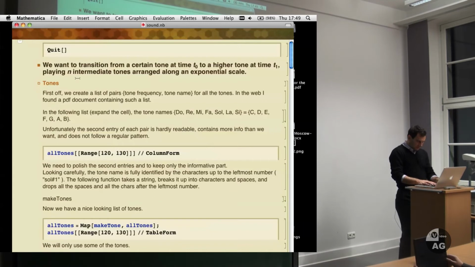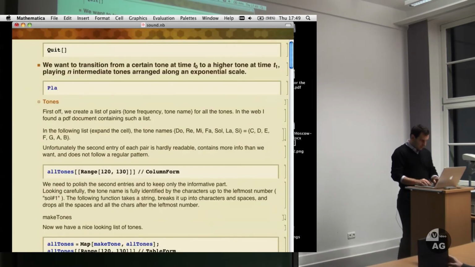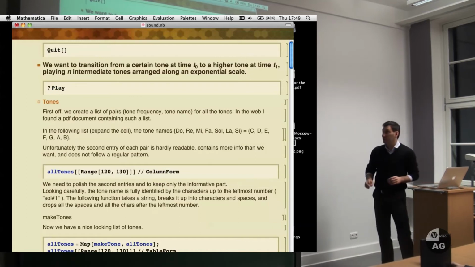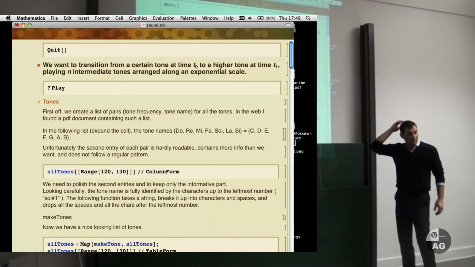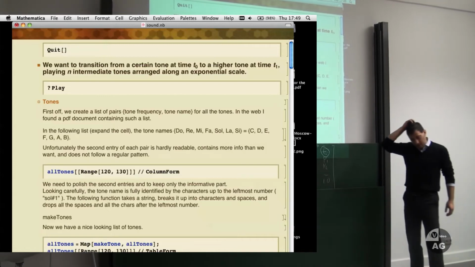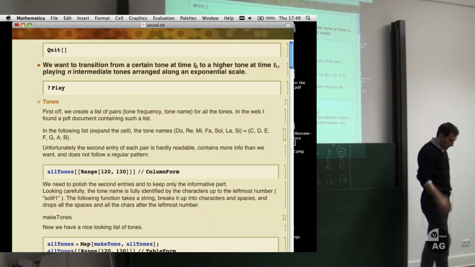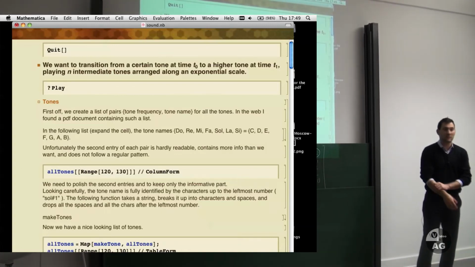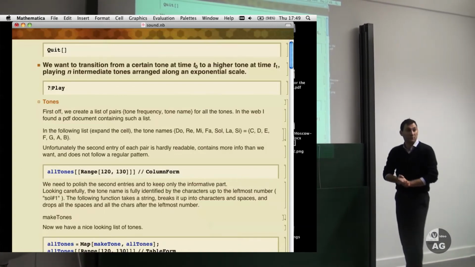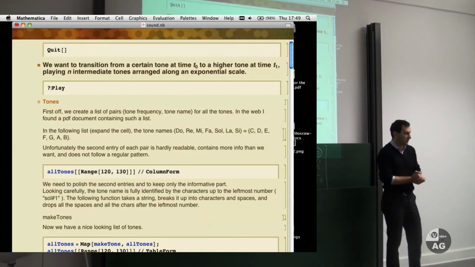Actually, let me try something. I removed the sound. So, okay, here's the story. A friend of mine is a composer. He creates music for movies and TV and stuff like that. He's very much into automating the generation of music.